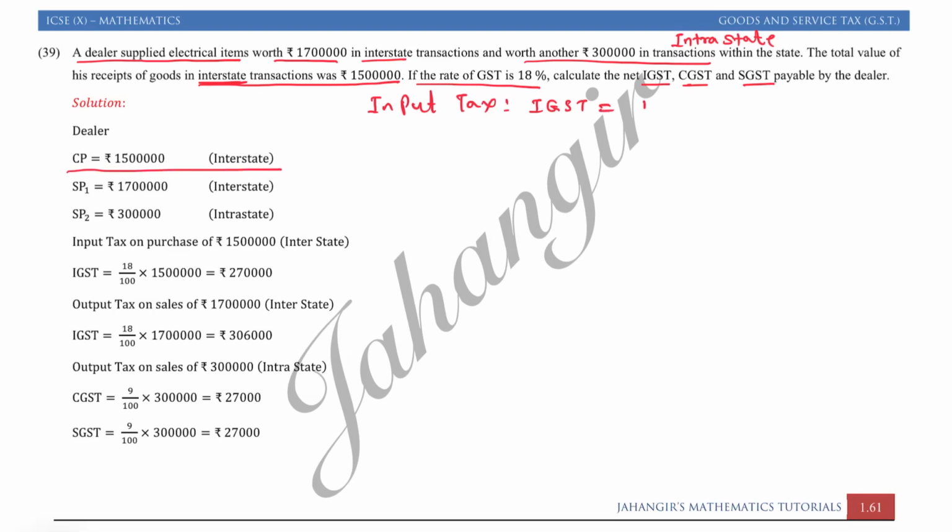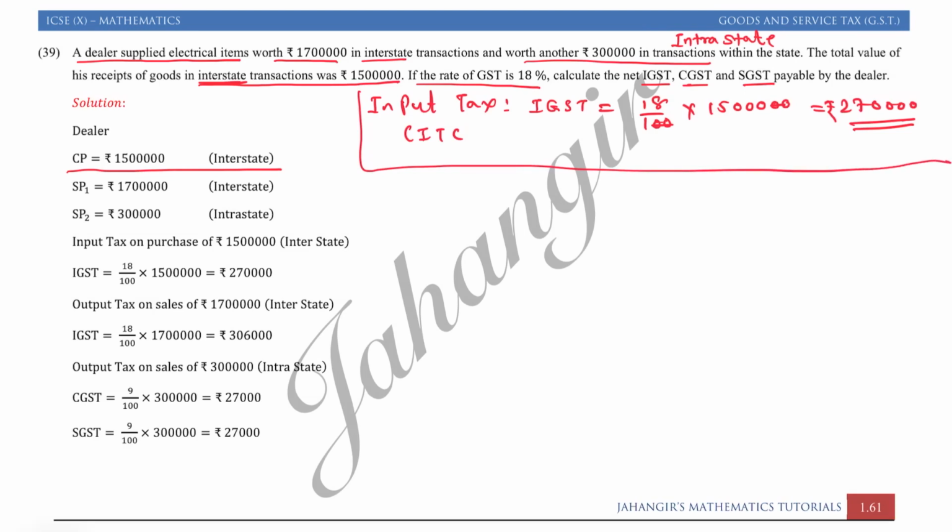So IGST will be 18% of 15 lakh. 15 into 18, that is 270, so 2 lakh 70,000. So IGST in advance payment is 2,70,000. This is ITC. Input is done. Input of rupees 2,70,000 is payable to IGST.